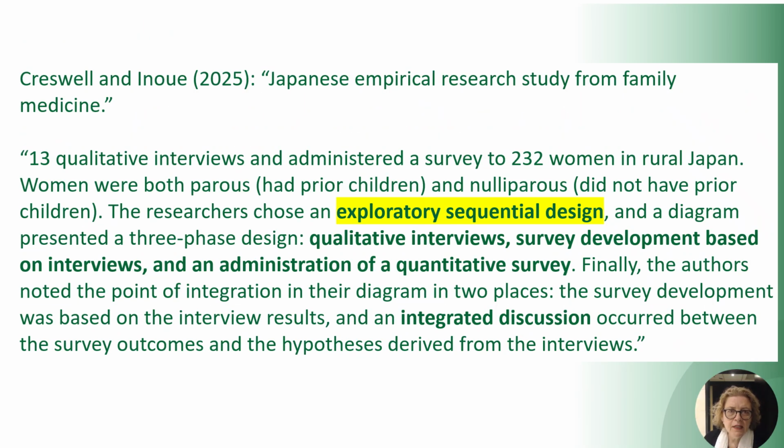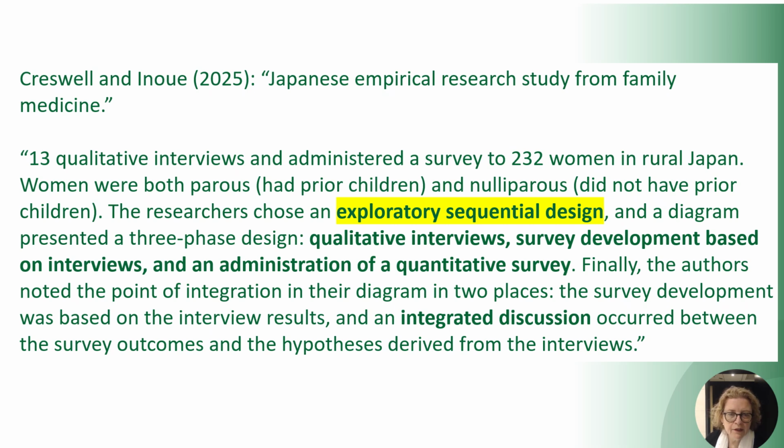Here's another study from 2025 in the field of health. So Creswell and Inoue looked at a Japanese empirical research study on family medicine. They kicked off with 13 qualitative interviews, and then they followed up with a much larger survey, not the same people, but a survey of 232 women in rural Japan.